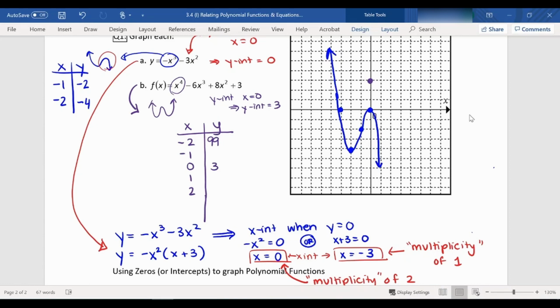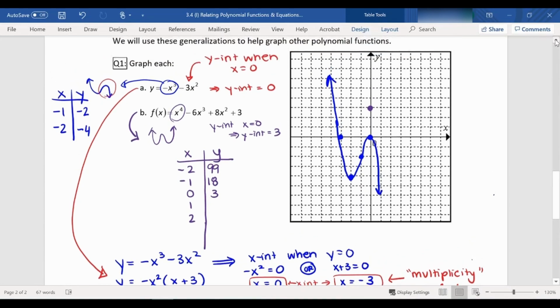I'm good. Then I'm going to try -1. So I'm going to plug this into my calculator. I get 18. Okay, so that's huge. That means this tail is going up here like really high up. I can't even put that on my graph, 18 is too big. It's shooting up really, really, really straight up.